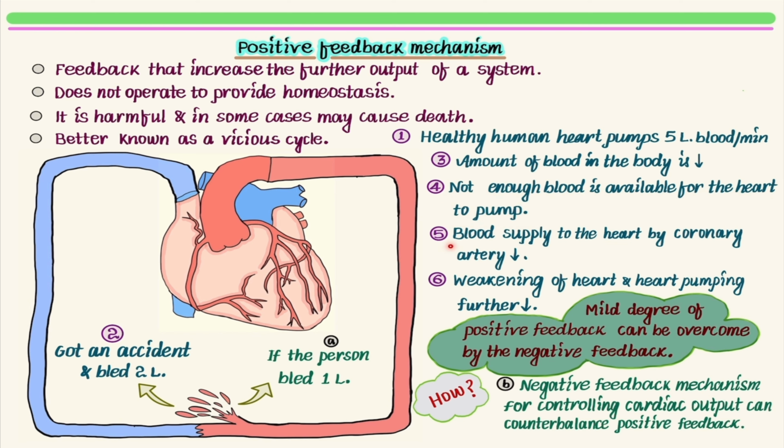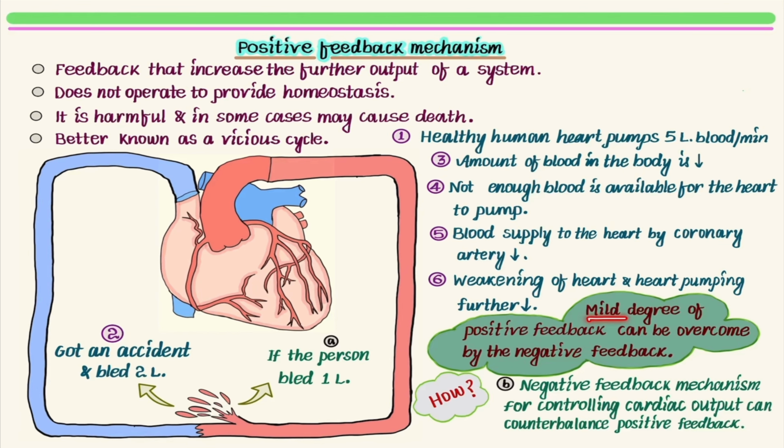Then the blood supply to the heart by the coronary artery is decreased. This causes weakening of the heart and heart pumping further decreases. Again, blood supply to the heart by the coronary artery is decreased. Again, weakening of the heart and heart pumping further decreases. This cycle repeats itself again and again until the death of the person.